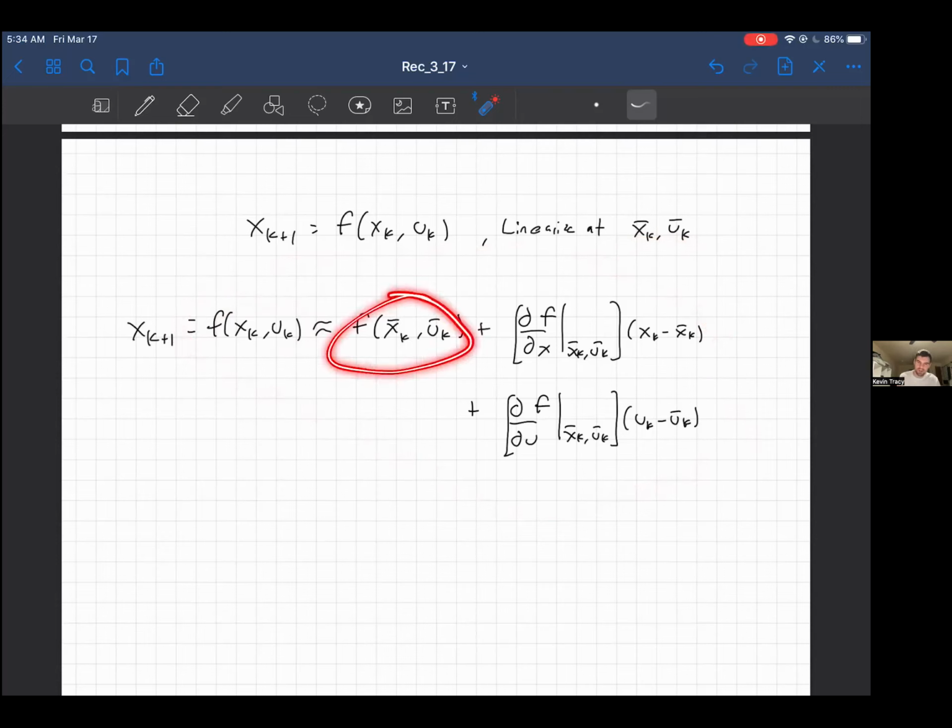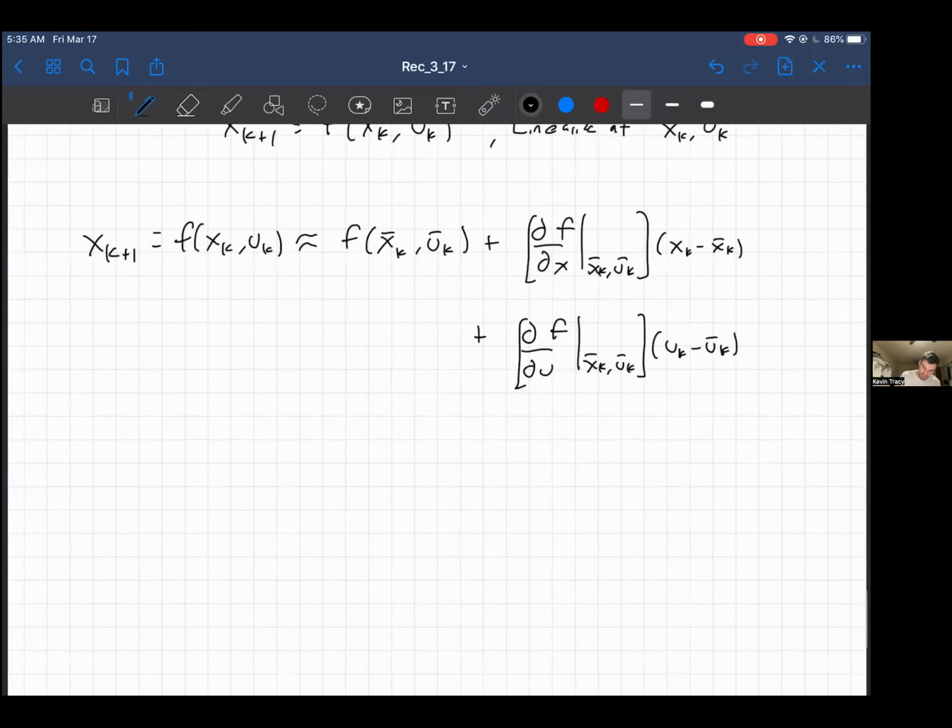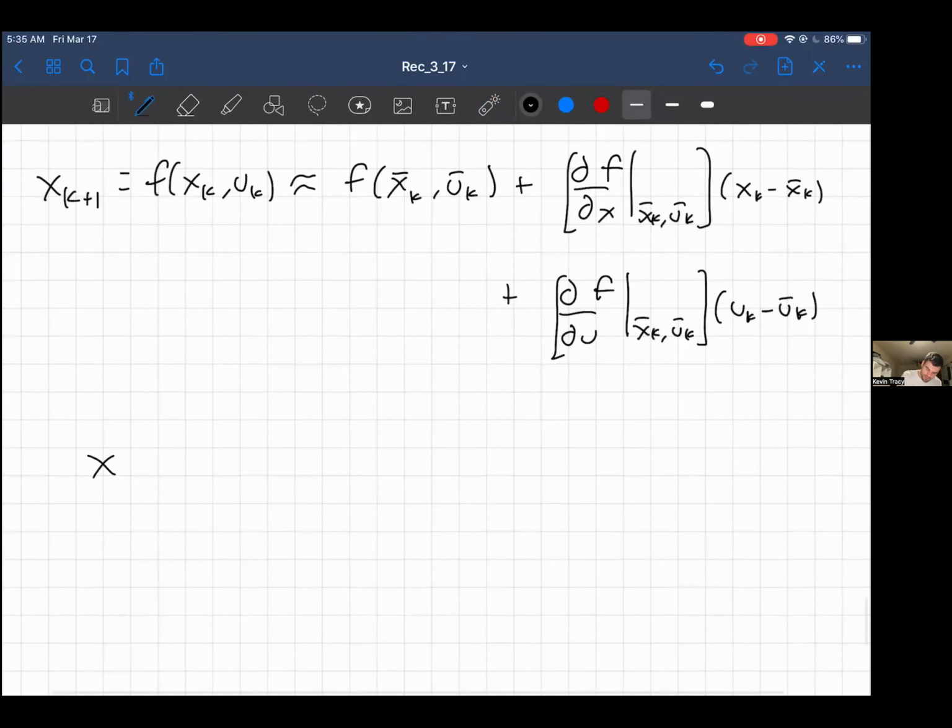I have the current value at this point, and then I have this Jacobian evaluated at the linearization point times our delta. This is how we linearize the system. And what we use oftentimes in controls is we'll say that x just generically is this, and u generically.